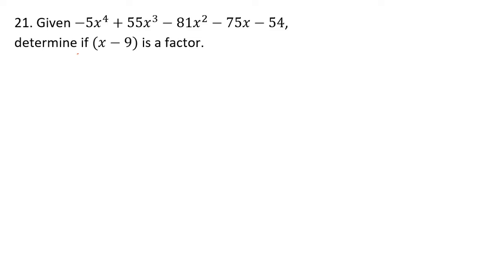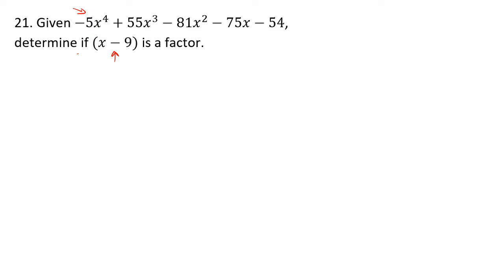You could use your synthetic division and divide the polynomial by positive 9, and if you get a remainder of 0, you could then determine if it's a factor. Or you can go ahead and find out what the potential x-intercept would be of x minus 9, substitute it in, and see if this is going to be a factor or not by whether or not you get a 0 when you plug it in.